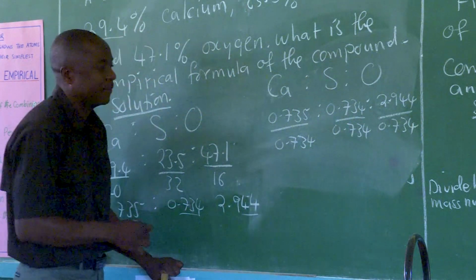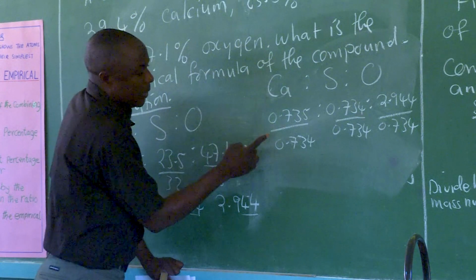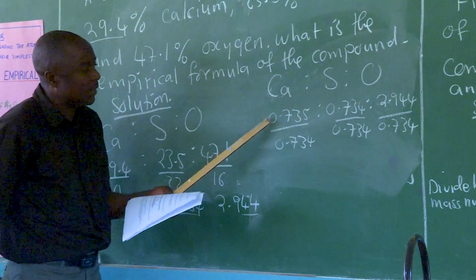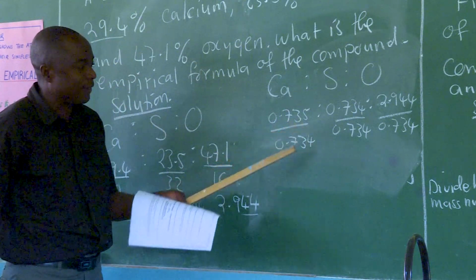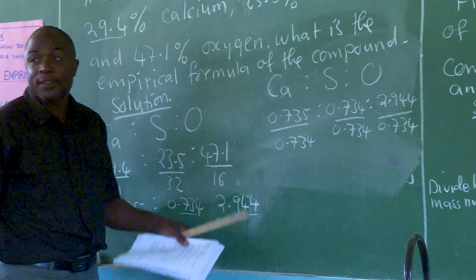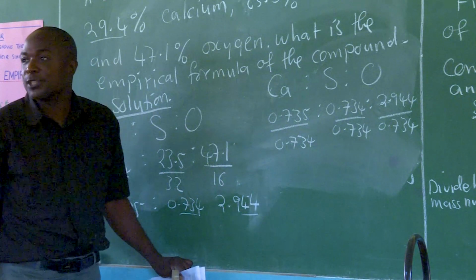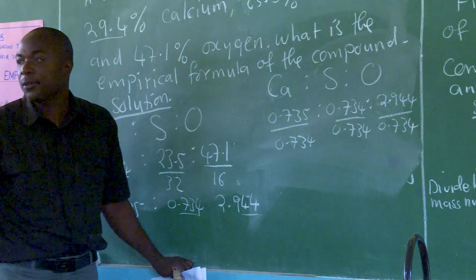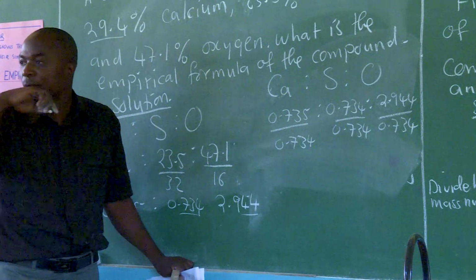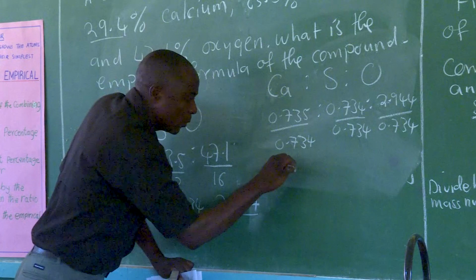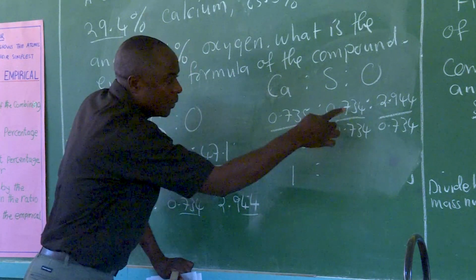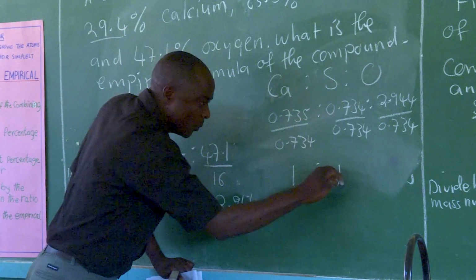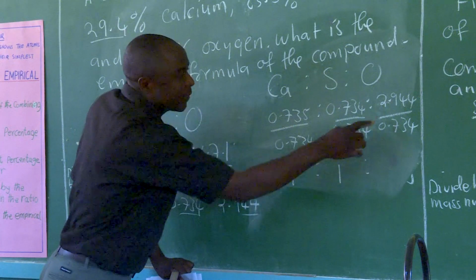Are we okay? So when you divide 0.735 by 0.734 to the nearest whole number, the answer is, yes? 1. So we have 1 here, and obviously here is also 1, then sulfur.